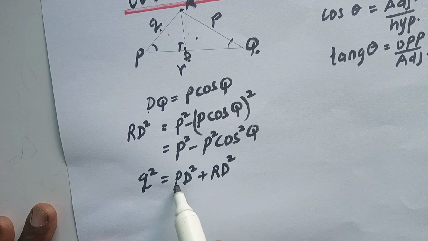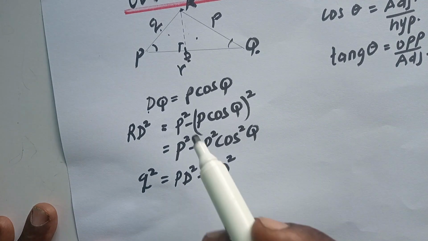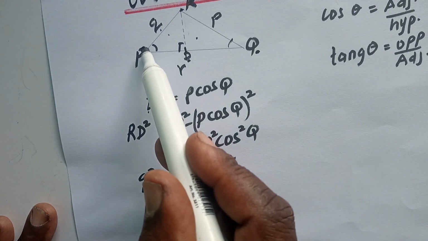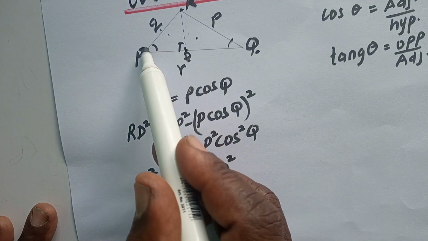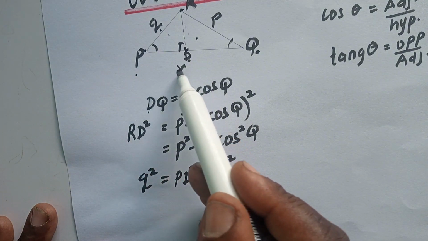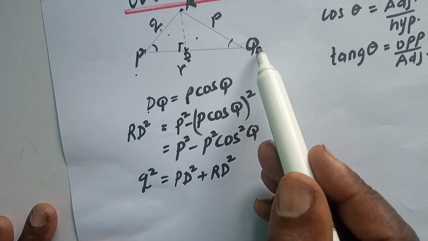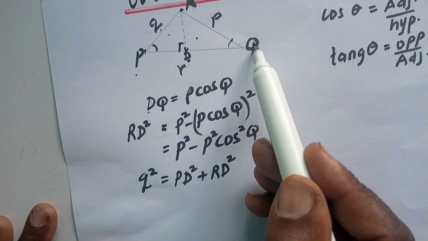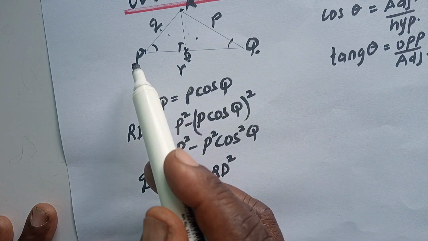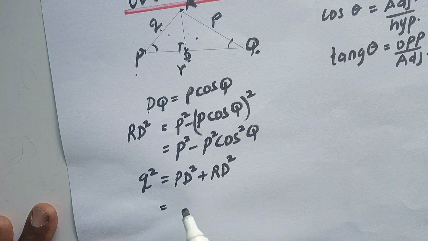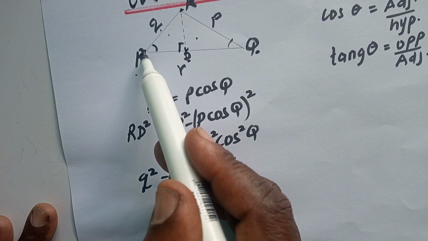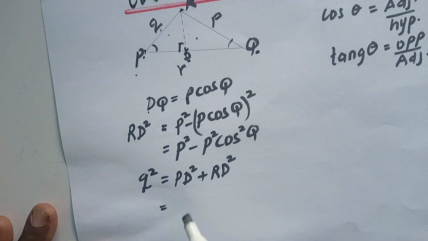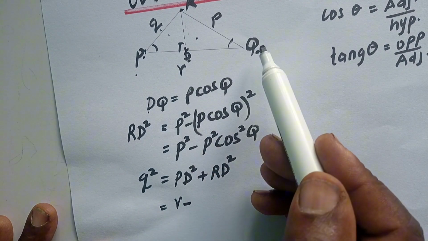And we know PD squared is the same as this length from P to D squared. It is the same as the total length from P to Q subtract the length DQ.